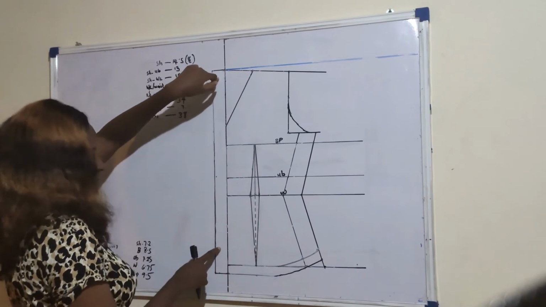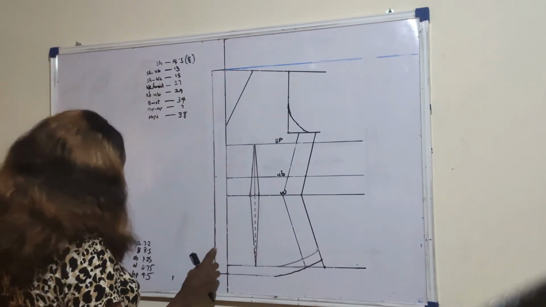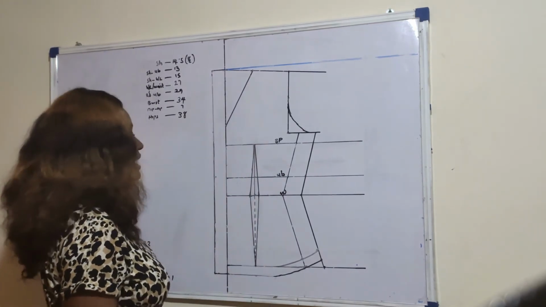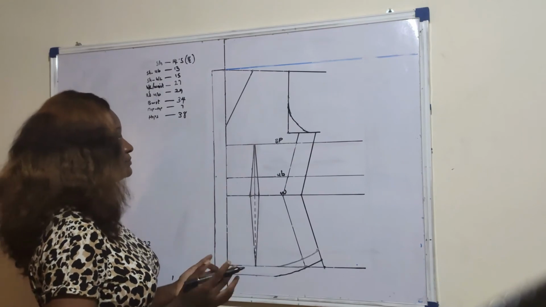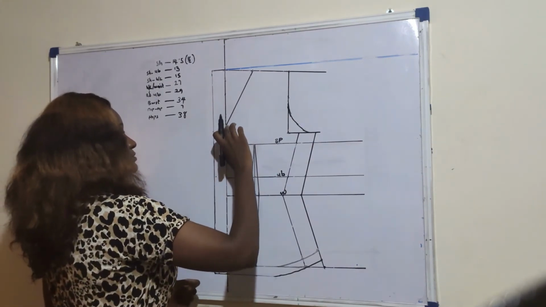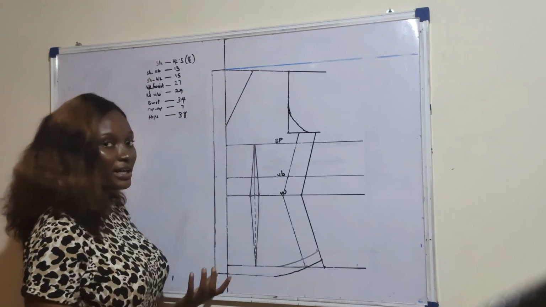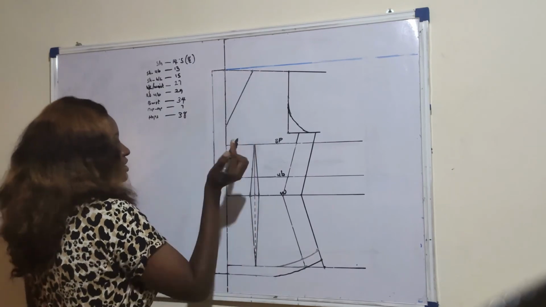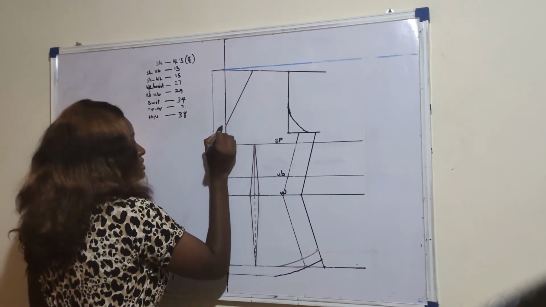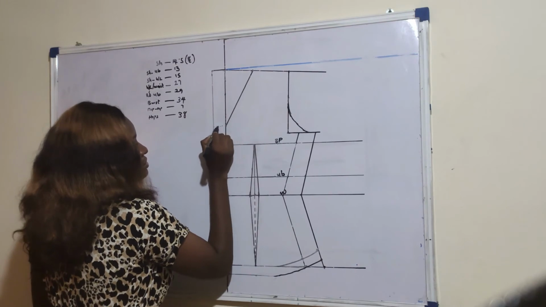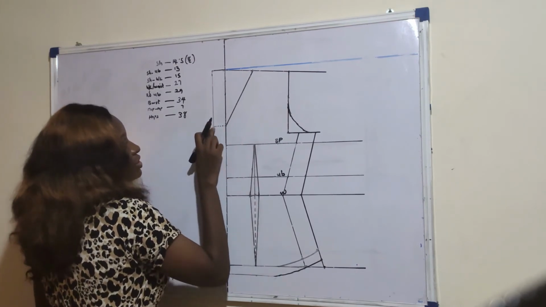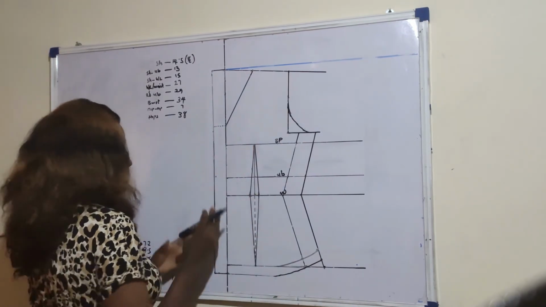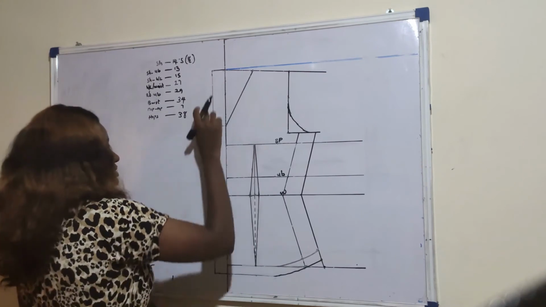This is the back bodice, the zipper allowance. You can either have the same V-neck for your back bodice or the normal high neck. If it's the same V-neck, you just cut this way for your back bodice.